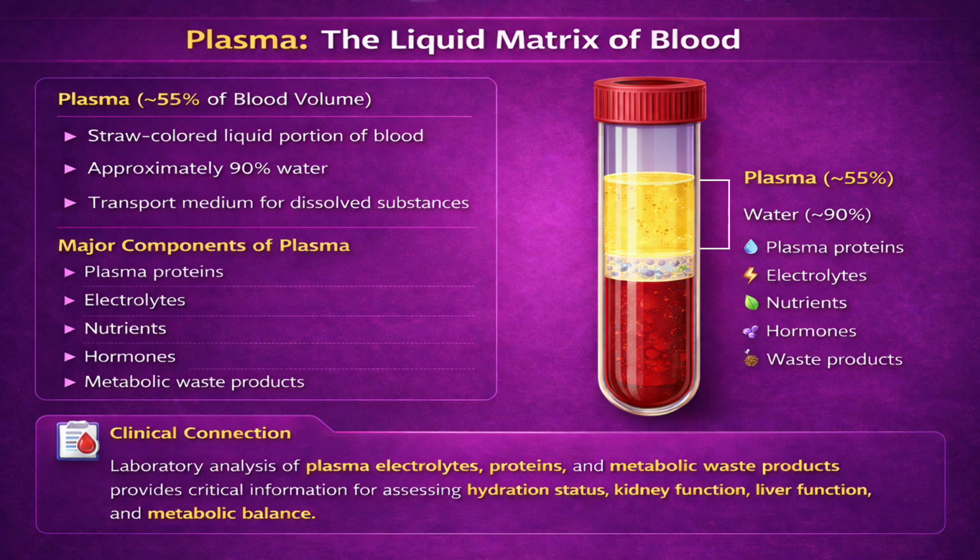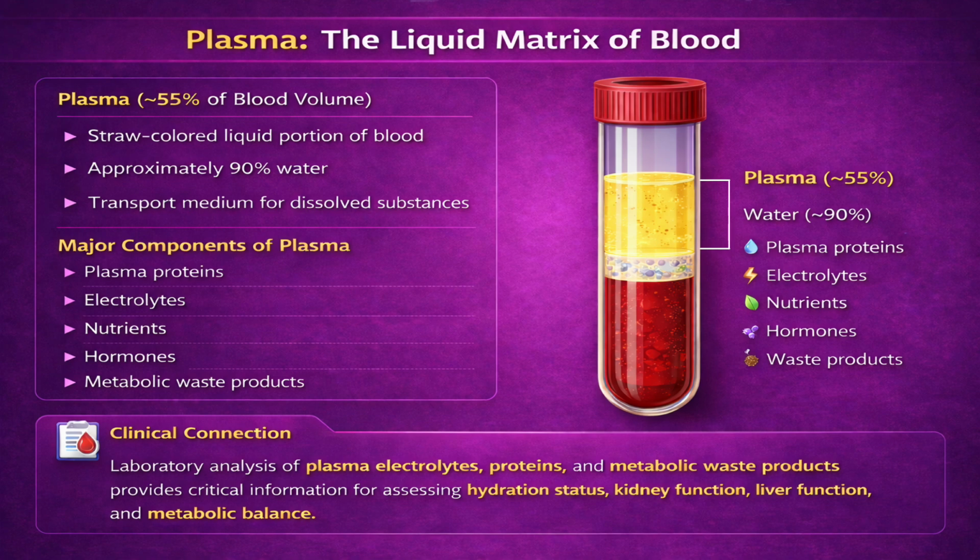The majority of plasma is composed of water, making up roughly 90% of its total composition. The high water content allows plasma to function as an efficient transport medium, carrying dissolved substances throughout the body.